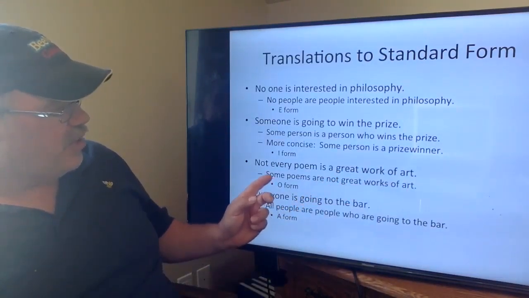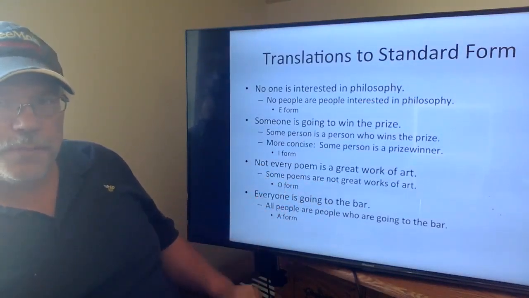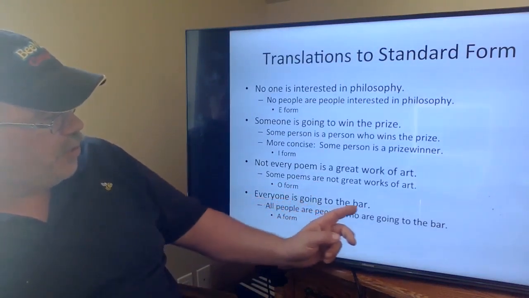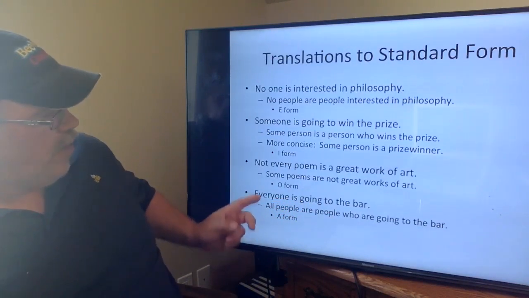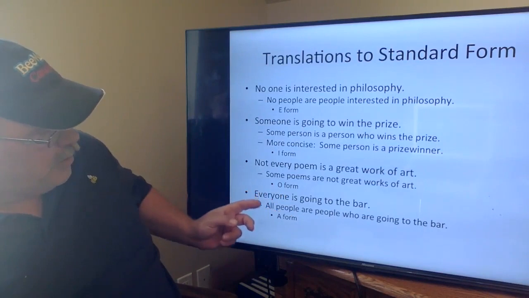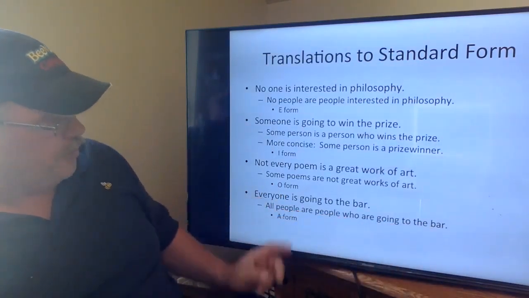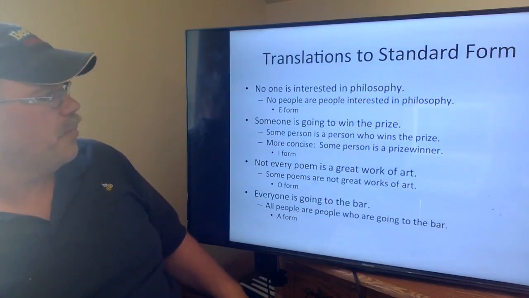Given that it's particular and negative, we call that O form. Everyone is going to the bar. So that would be all people, everyone, are people who are going to the bar. A form, simple. Okay.